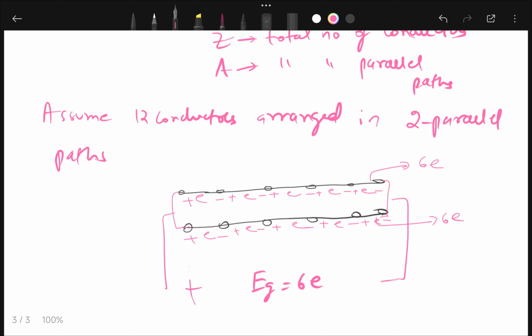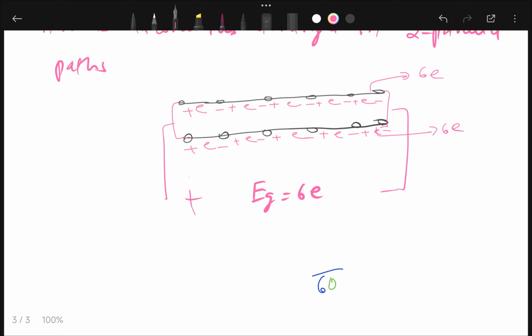If you observe properly, the parallel paths will always be connected in parallel. That's why they are called parallel paths. In parallel, what will be the same? Voltage will be the same. That's why EG is always 6E. I am going to write this EG as 6E directly, but instead of 6, I am going to replace the 6 with 12 by 2, because 12 by 2 is again 6.